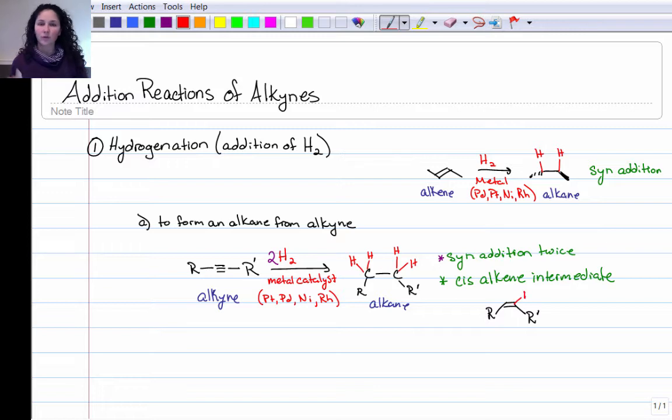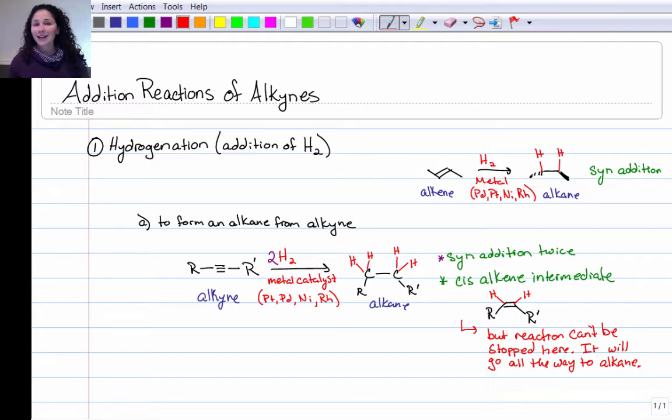And then to go the rest of the way, you would just add one more molecule of H2. The thing is, the reaction can't be stopped at the cis alkene, so you can't stop the reaction to make a cis alkene with these reagents. So if you want to make an alkyne into an alkane, you simply use the same reagents that you would use to convert an alkene to an alkane.